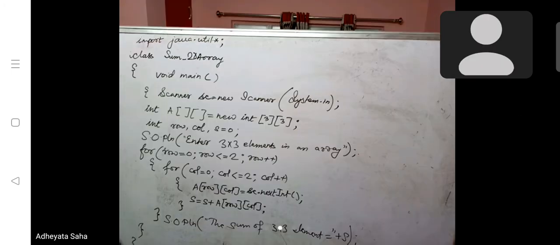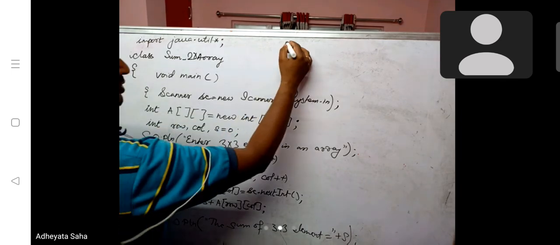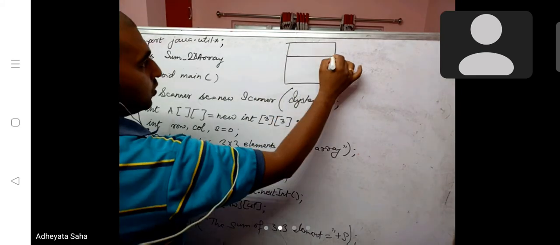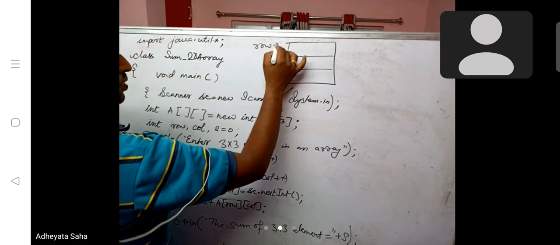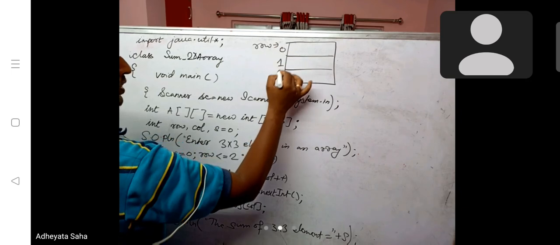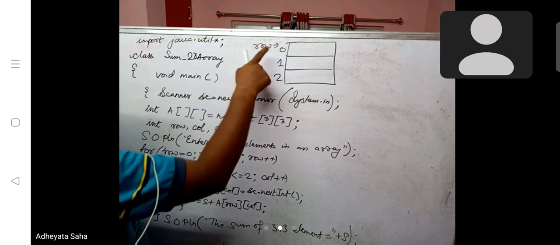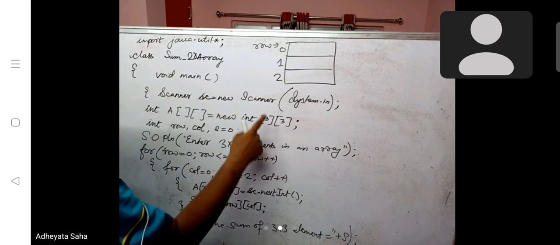So the thing is, we have to create a 3 cross 3 array. 3 cross 3 means 3 rows. This is row 0, 1, 2. As we are starting from 0, the last index will be the size minus 1, 3 minus 1, that is 2.